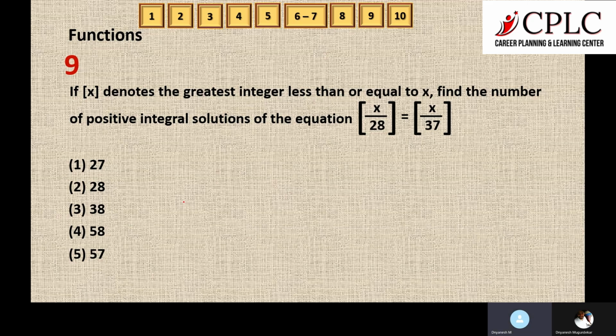First, the definition is given already, but as I've told you, whenever the square bracket x comes, from the reference point of functions, it is assumed that it is the greatest integer function they are asking. So you should be very clear about the theory and the concept related to that. Normal bracket x or curl bracket x means smallest integer function. So be very careful about that.